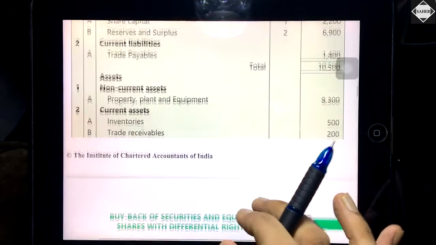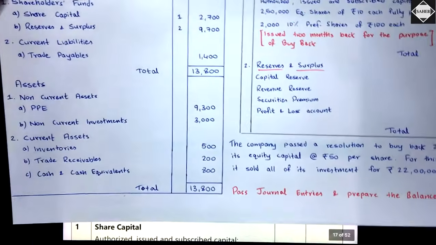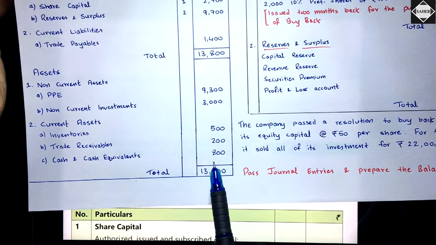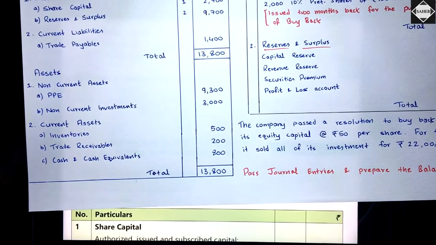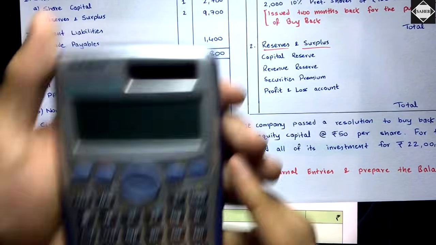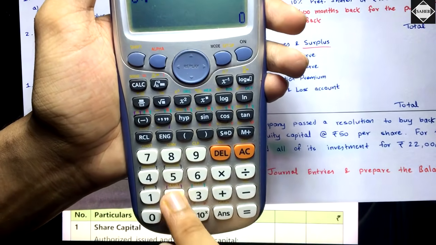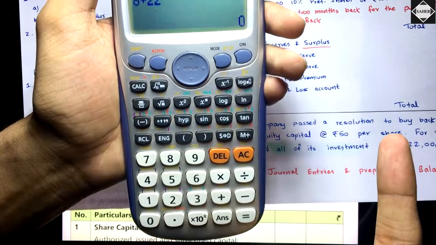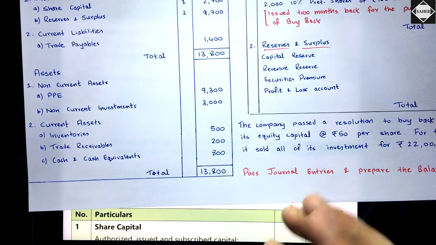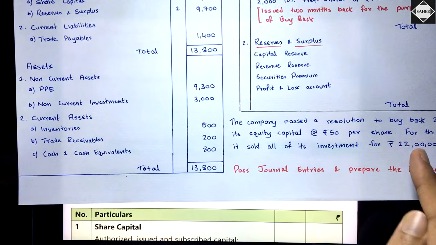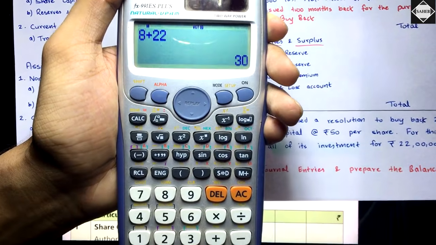But cash and cash equivalents, there is a change, isn't it? In the old balance sheet we had 8 lakh. And then we got 22 lakh from selling the investments. So the total cash was how much? 30 lakh.